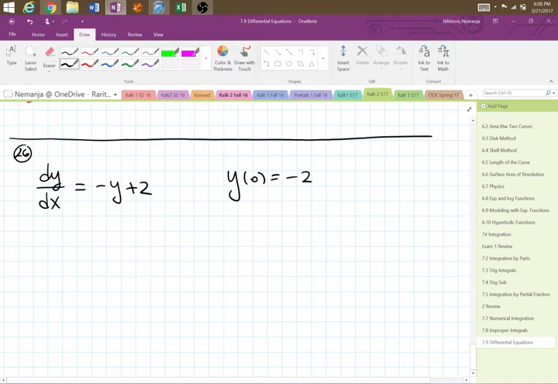Wait, no. Negative y squared over 2. Yeah. Yeah. I got it. General solution.